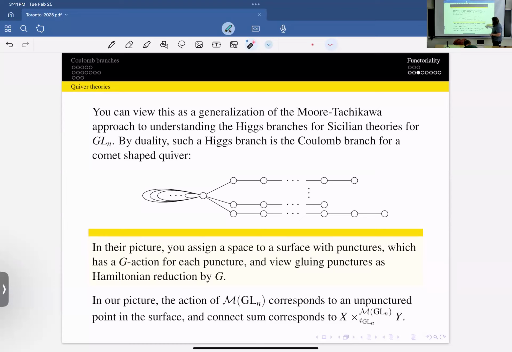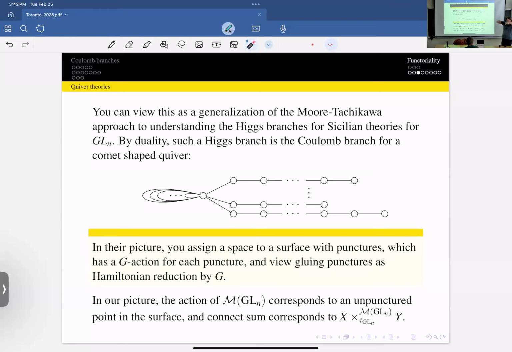Moore and Tachikawa have this picture where you think about this as a TQFT valued in Hamiltonian spaces over a group, where the groups correspond to punctures, and gluing two punctures together is a Hamiltonian reduction, whereas to an unpunctured point, you have an action of M of GLN, and doing this balanced product is doing a connected sum.